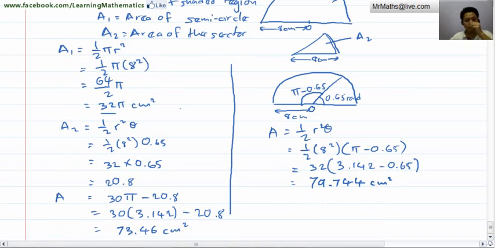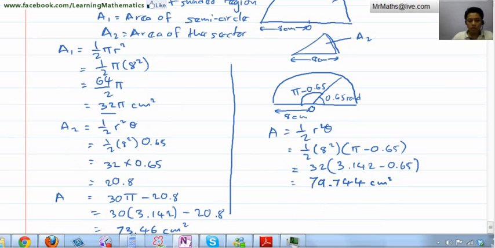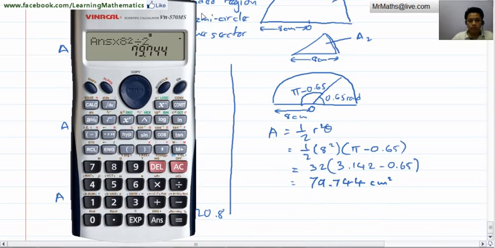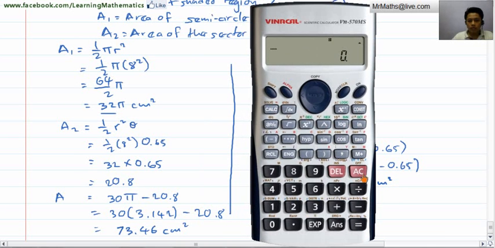Let's try to do that again. The semicircle is half pi r squared. Pi r squared then is 32 pi. That still looks correct to me. Pi r squared is the full circle. Then 8 squared, let me just use the calculator. It's good to have a screen calculator with me. 8 squared divided by 2 is 32, and that's 32 pi.